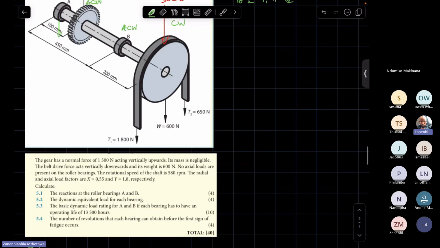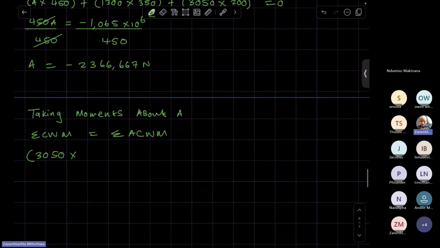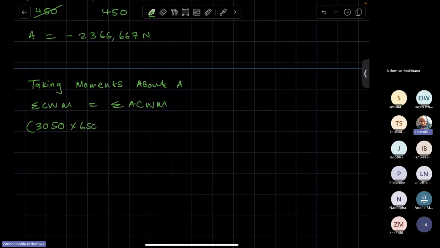Multiply this by the perpendicular distance from the belt drive to where we are taking moments. So what is this equal to? 650. So this is 3050 times 650.